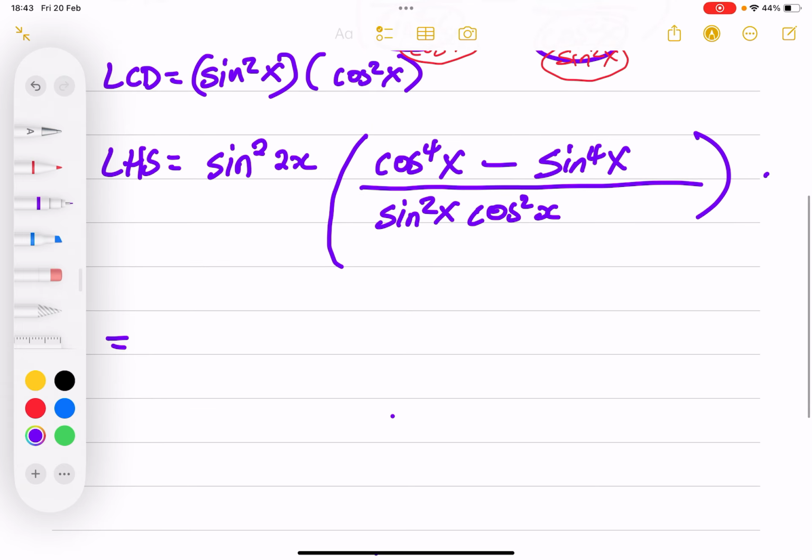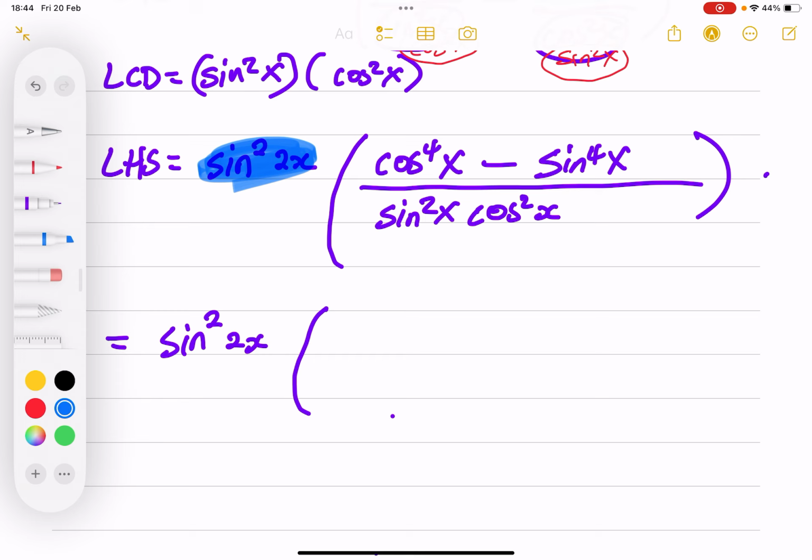So it's sine squared 2x. In bracket, we can see that this is a difference of 2 squares.